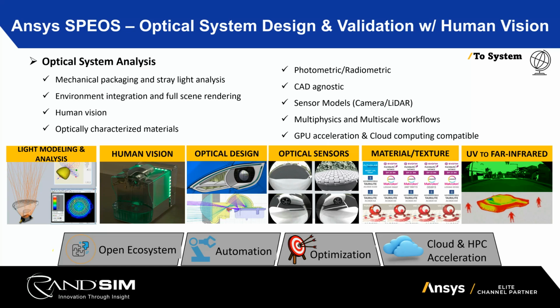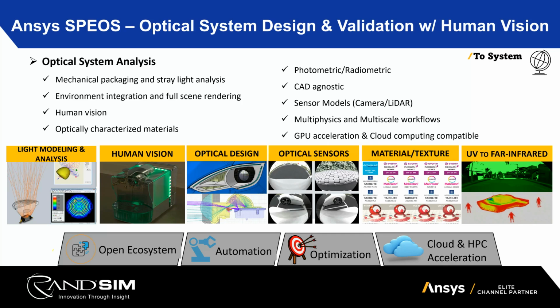Now, this works perfectly with the library of materials that's available for SPEOS. There's a wide range of materials that's not just optical materials. It also includes paints and leather and different things like that you can integrate into the optical performance of what is going to happen with your light, and then see how a human would see that.